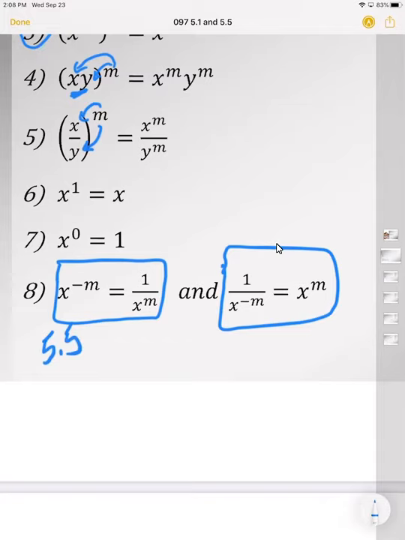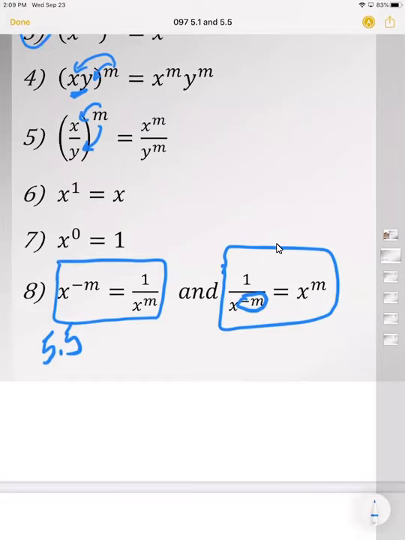And if you remember from yesterday, I told you guys that as long as you have a negative exponent, it basically tells you that you need to move it. If the negative exponent is in the numerator, we need to move it to the denominator and make it positive. Vice versa, if the negative exponent is in the denominator, we need to move it to the numerator and make it positive.